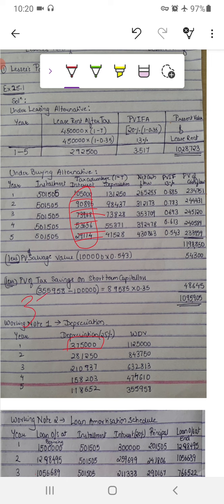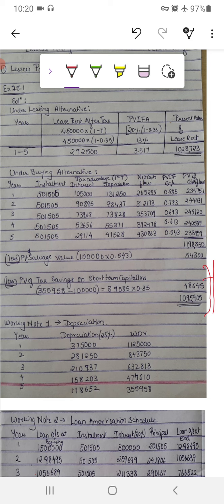It is 3,75,000 into 1 minus 0.35, that is 3,75,000 into 0.65. So 3,75,000 into 0.65 gives you 1,31,250. So this is the way you calculate depreciation after tax.